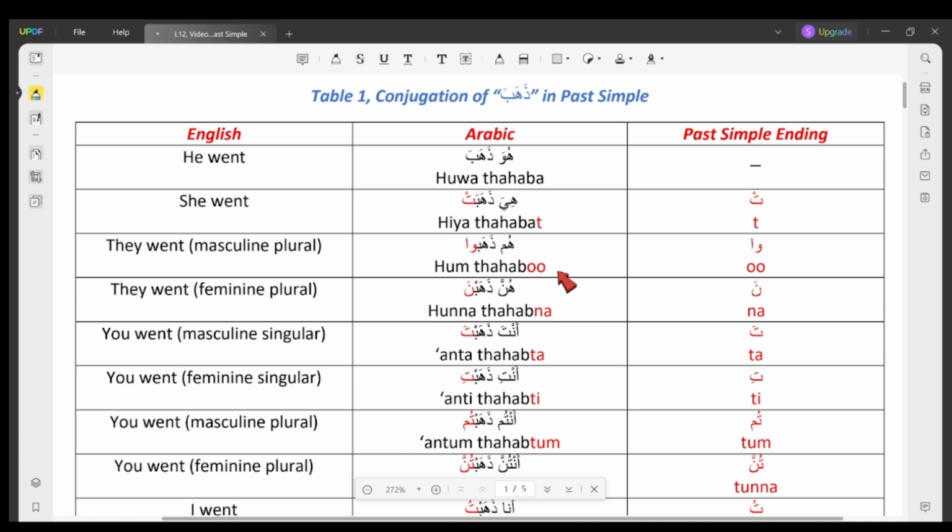They went. Masculine. هم ذهبوا. They went. Feminine. هن ذهبن. You went. أنت ذهبت.